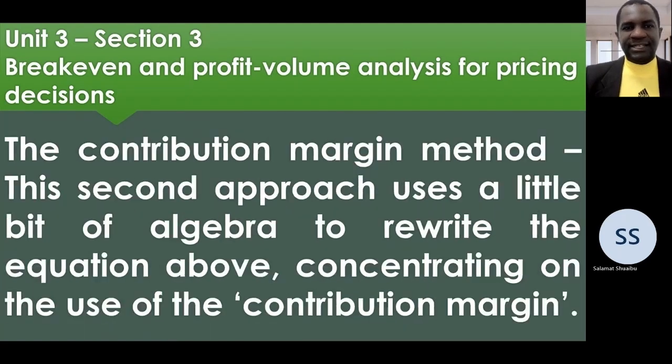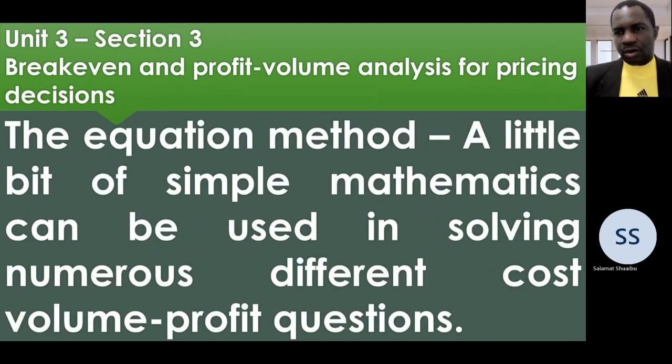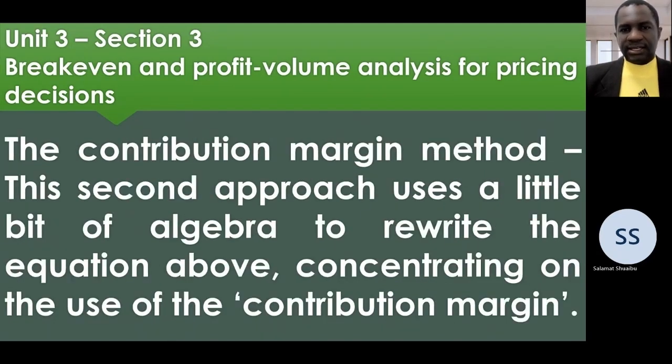We also have the contribution method. Like you saw, in the equation method your revenue is equal to your total cost. Simple. Everything is equal. The second method is the contribution margin method. This approach uses a little bit of algebra to rewrite the equation above, concentrating on the use of contribution margin.